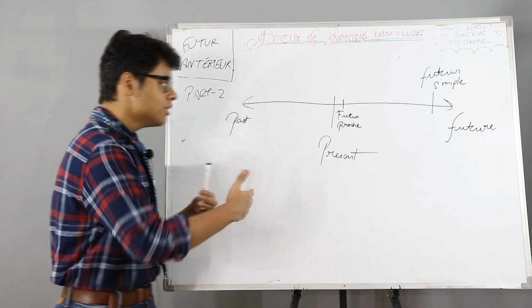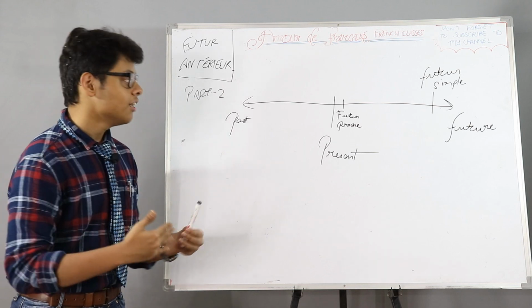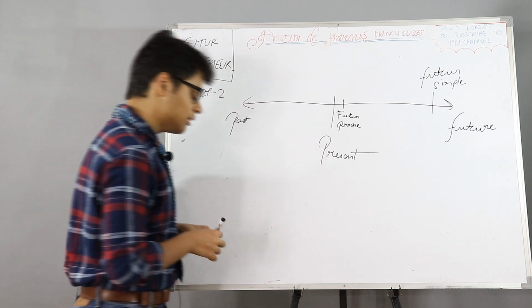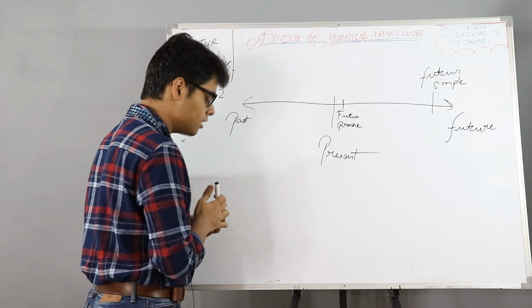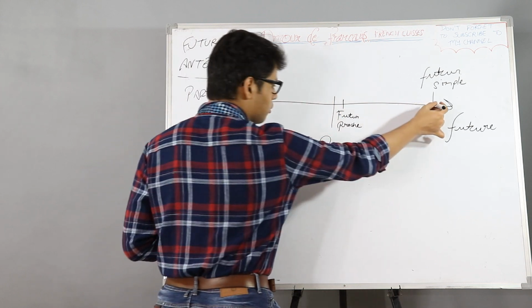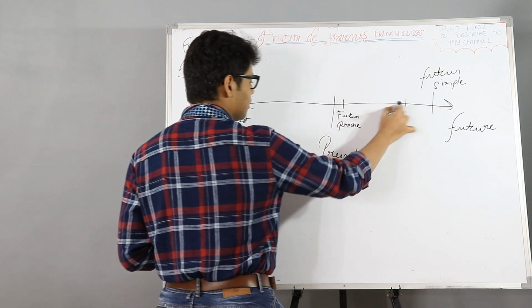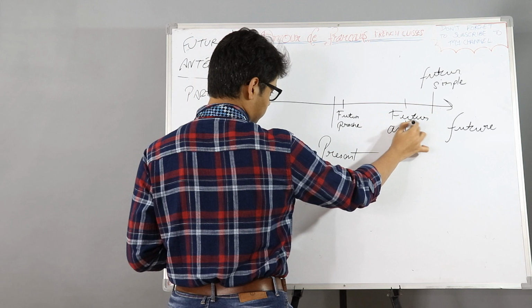Future perfect will come just preceding the futur simple, like before futur simple. So futur simple, like we have made the timeline right here. Not close to futur proche, not very close, I want to keep a slight distance, and I will write here futur antérieur.